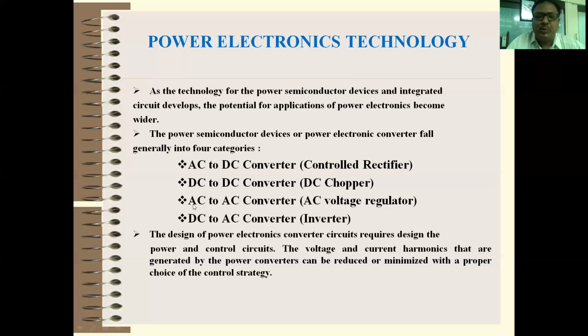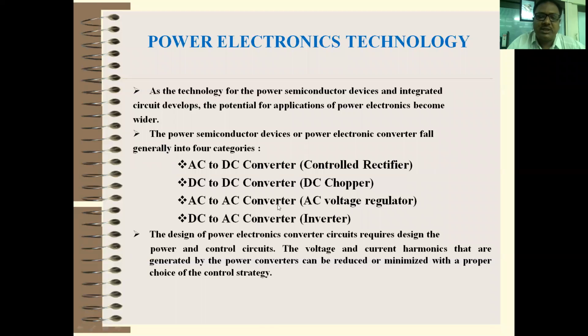What is basically an AC to AC converter? The concept of AC to AC converter is not only to increase or decrease the AC voltage. That can be accomplished with the help of a transformer even. But here, one example I have given you is the oven, right?